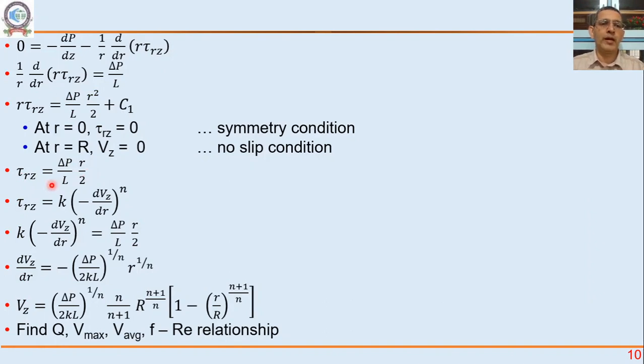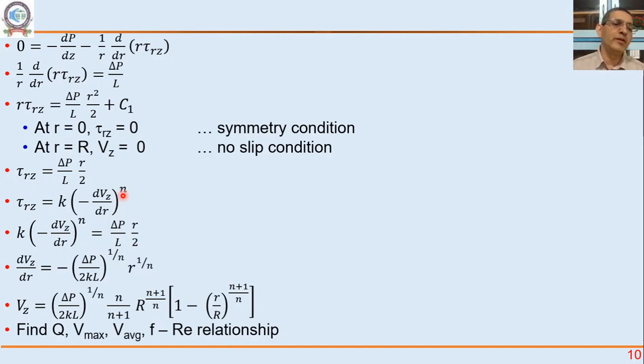Now look at Bird, Stewart and Lightfoot's book, appendix, the definitions of tau_rz. Tau_rz is mu dv_z/dr. Now if it's a non-Newtonian fluid and it is described by the power law model, we can say that tau_rz is k (minus dv_z/dr) raised to n. Remember that minus sign in Newton's law of viscosity is really indicating the direction of how v_z is changing.